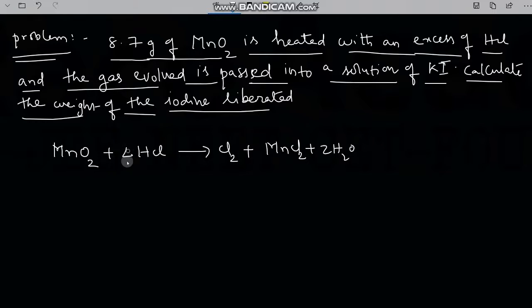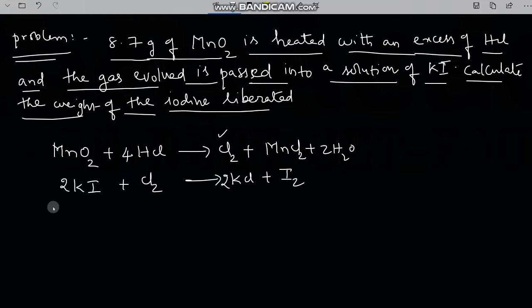In this reaction, 4 moles of HCl are required to balance the equation. The chlorine gas is passed into potassium iodide solution. To balance the equation, take 2 moles of potassium iodide, giving 2 KCl plus I2, as chlorine is a stronger oxidizing agent than iodine. So chlorine liberates iodine in this reaction.